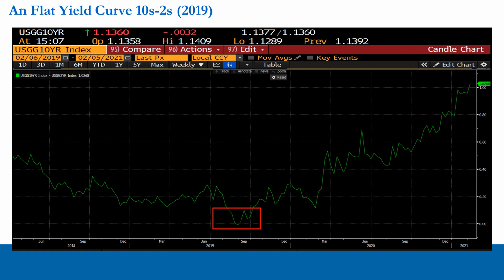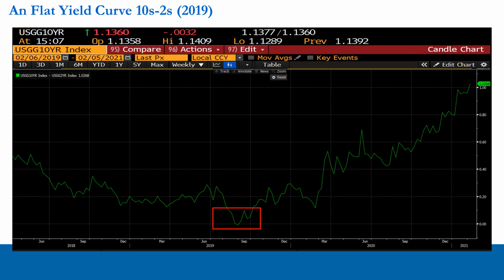If we look back here in 2019, for example, so we go back a little bit further than we were looking at on the chart on the previous slide, we can see that earlier in the year, what was happening? Well, in the summer of 2019, the yield curve, the 10s minus 2s, began to invert.